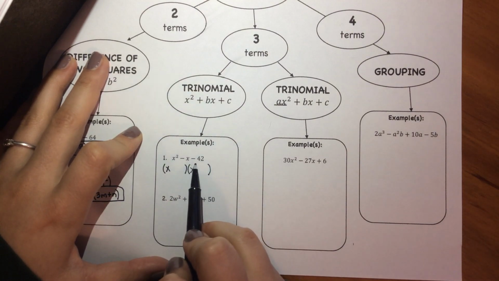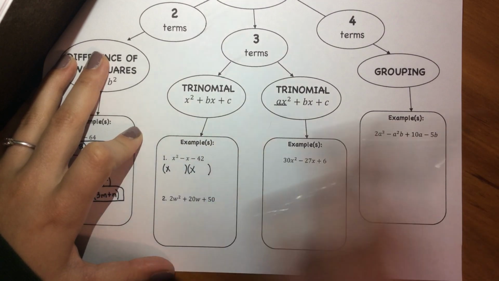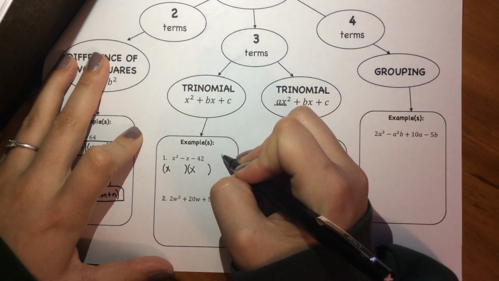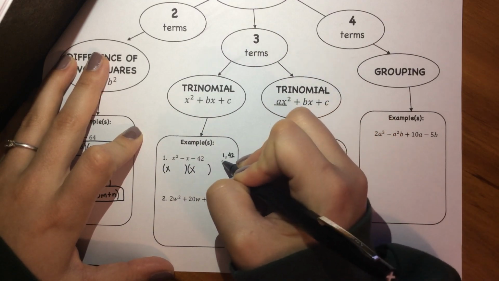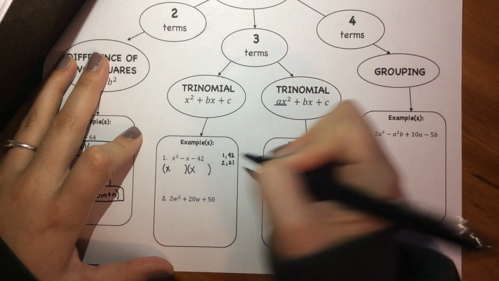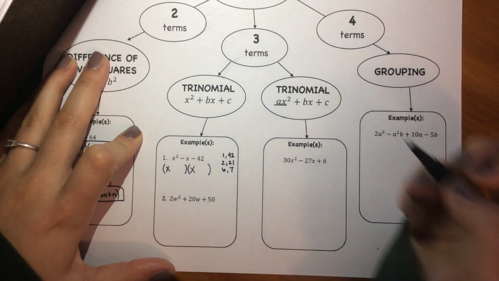Okay. This is when we take the factors of negative 42 that add up to negative 1. So factors of 42: 1 and 42, 2 and 21. I'm going to skip ahead here. We've got 6 and 7.